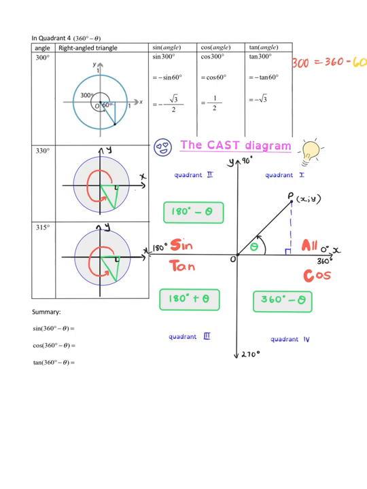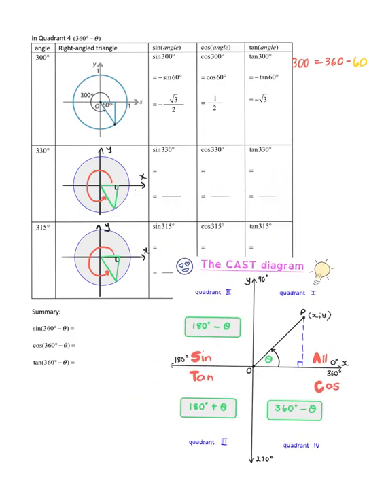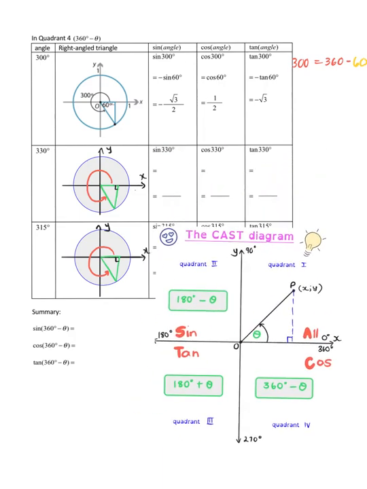So let's then look at 330 degrees. So 330 degrees, let's fill in our sketch. So that's the size of the angle from the positive x-axis anti-clockwise. What is that small angle going to be in there?